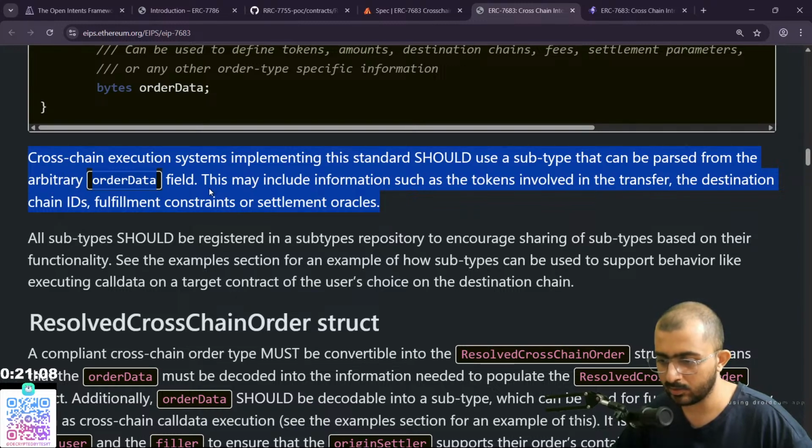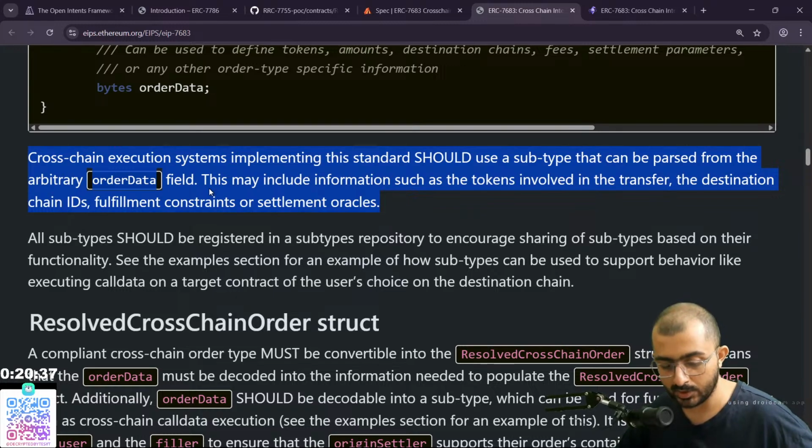Okay, any contract that is executing the intent should know how to parse the order data. That's what they're saying. This may include information such as tokens involved in the transfer, the destination chain IDs, fulfillment constraints, or settlement oracles. Okay, so for settlement they are using an oracle.